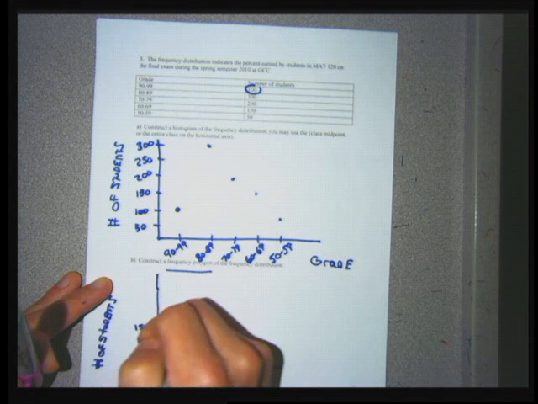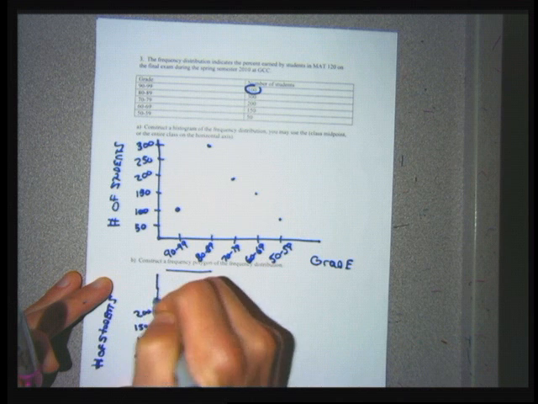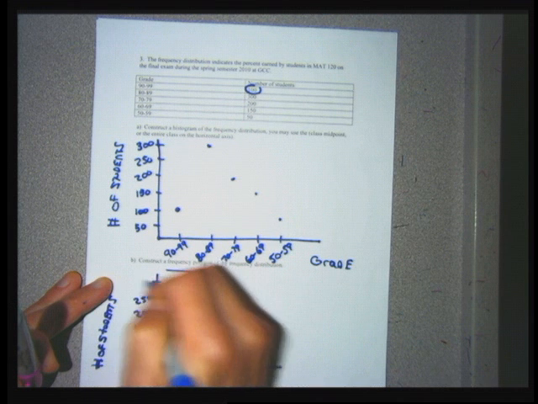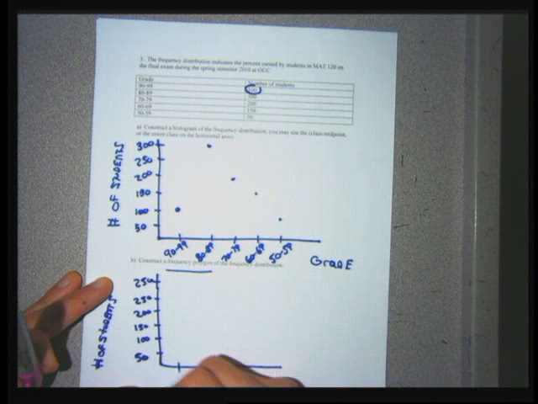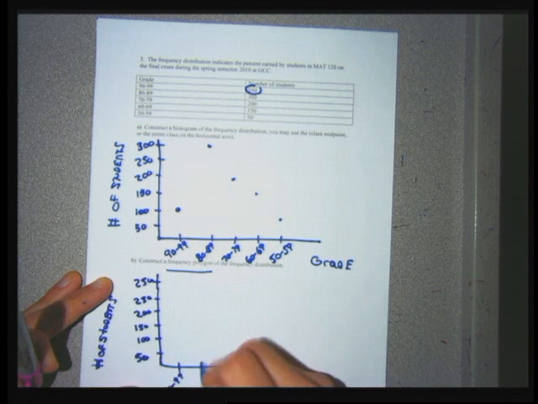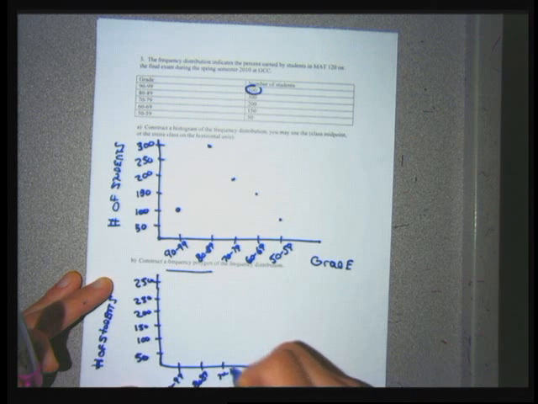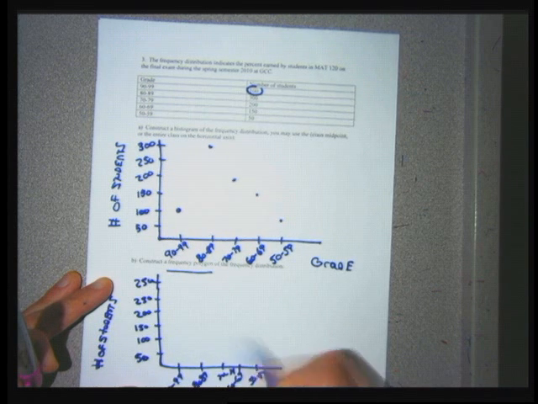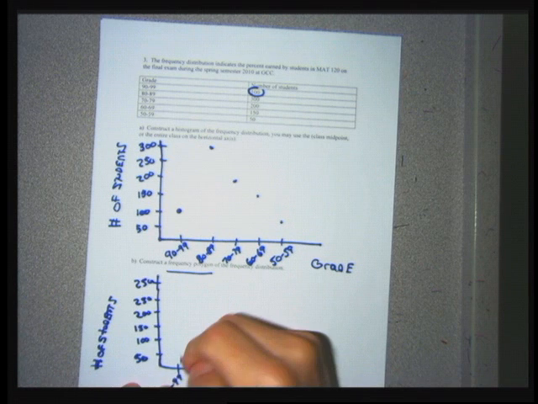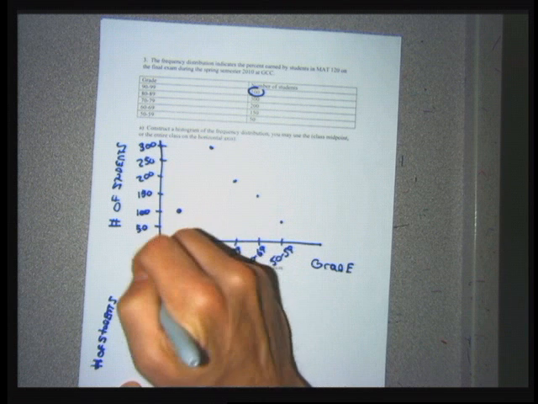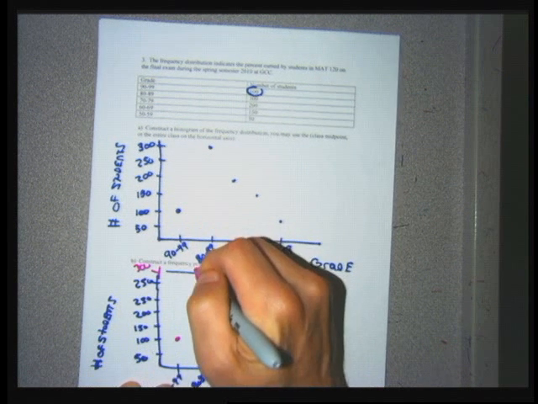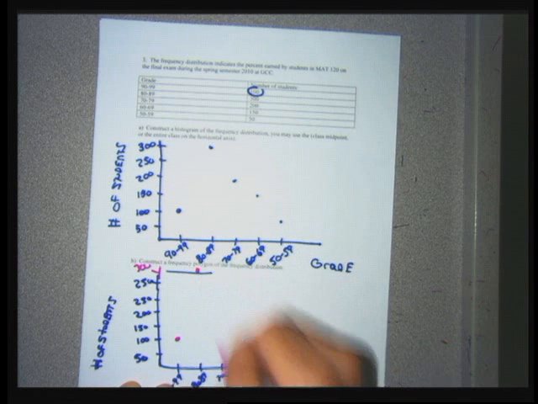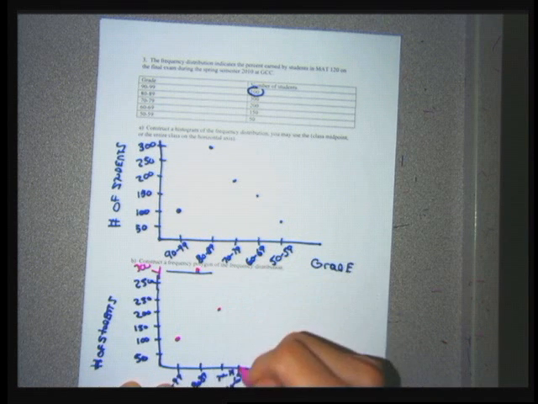A frequency polygon is similar to a frequency histogram in that it shows the same information, but instead of making rectangles to carry the figures, I make line segments.